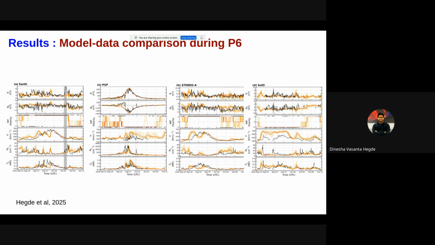So how well our model is capturing the high-speed stream and its arrival, and the HCS, with the uncertainty quantified through these ensembles of photospheric magnetic fields.